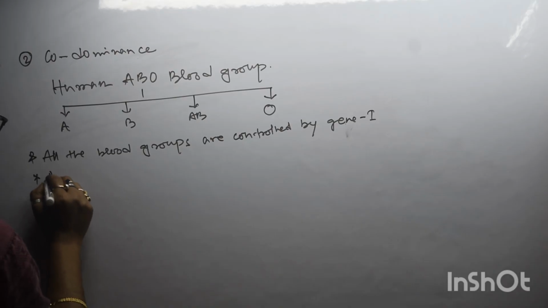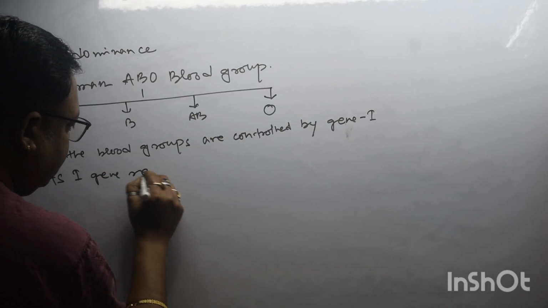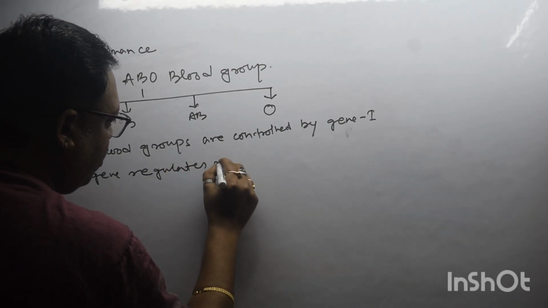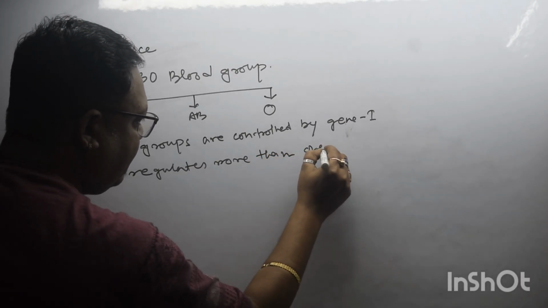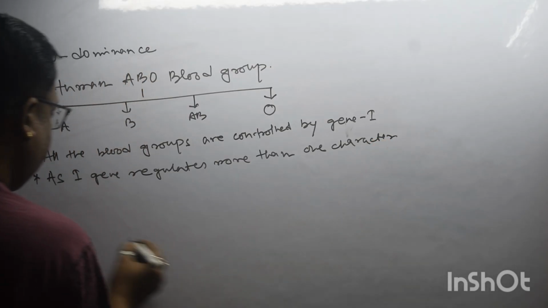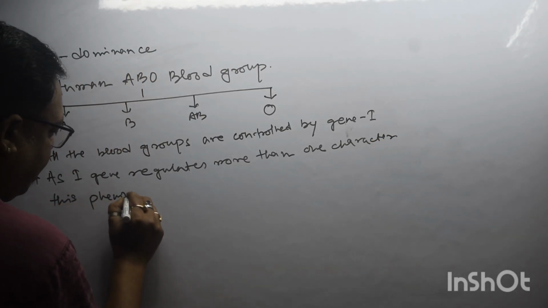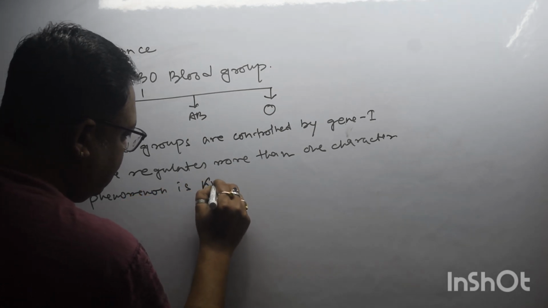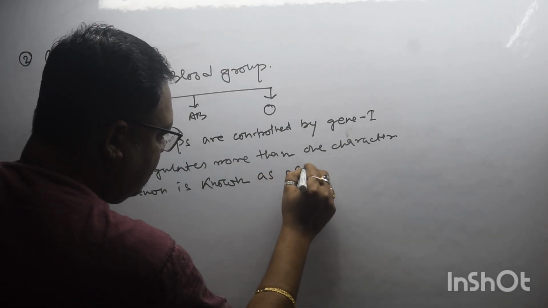Second is, gene I regulates more than one character. This phenomenon is known as pleiotropy.